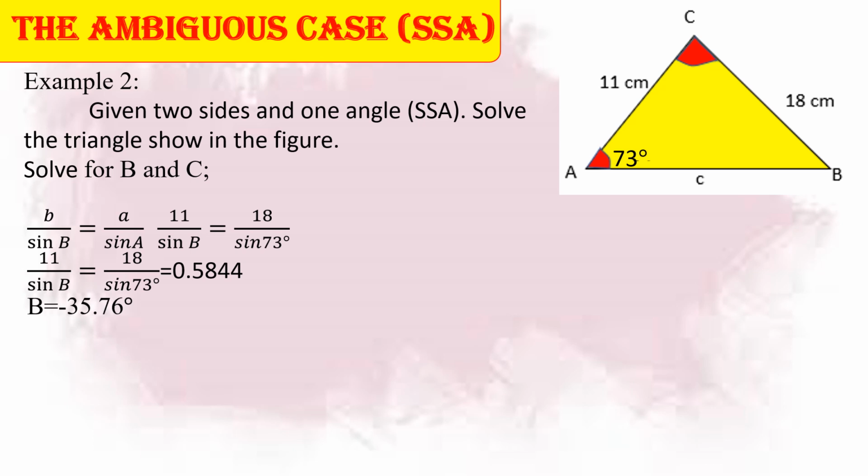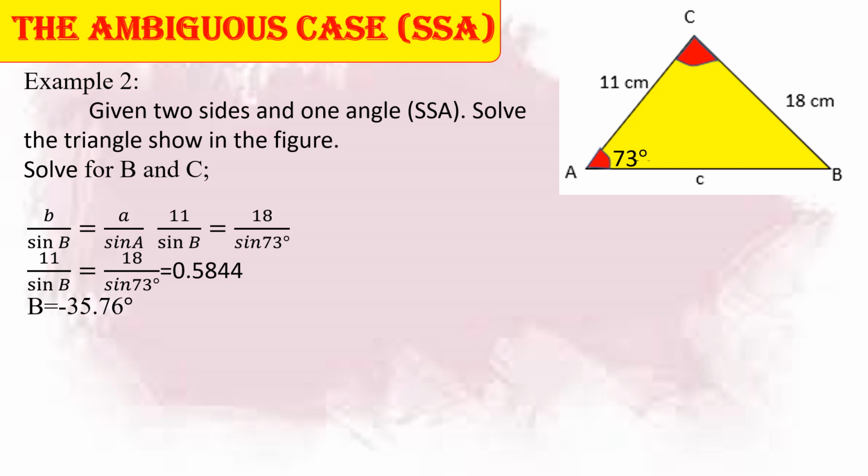So it's like C is equal to 180 degrees minus the summation of A plus B, or the quantity of A plus B. Then 180 degrees minus, just substitute the values of angle A and angle B. The angle A is 73 degrees plus the angle B, which we just got a while ago, and that is 35.76 degrees.